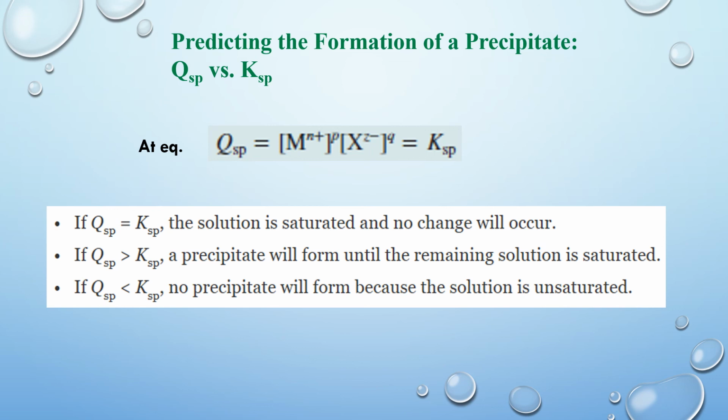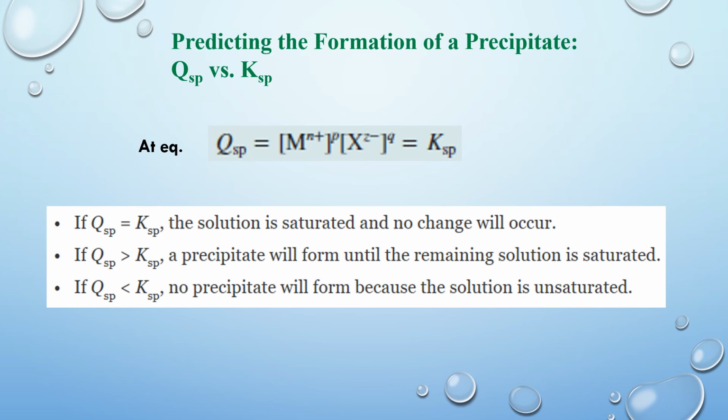So in that case, there must be precipitate formed. Those solubility products will form the precipitate until their concentration is equal to the saturated concentration, or the maximum allowed concentration, which depends on the solubility constant.